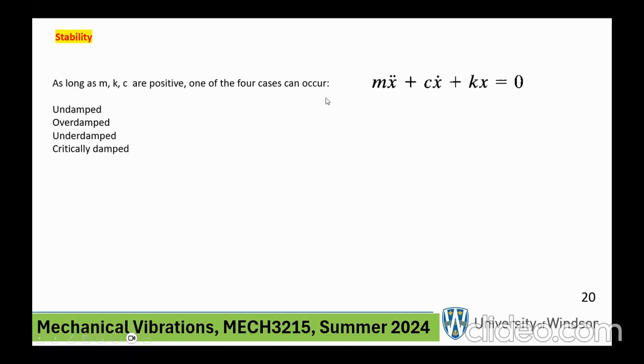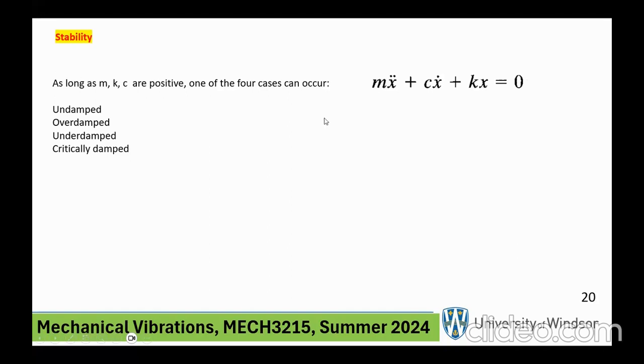And in every single case that we have looked at, except for one that we did on I think it was on Tuesday, these coefficients, physical parameters, M, C, K, they were all positive numbers. And remember, we run into several possibilities. This can be, of course, undamped, there is no C here.